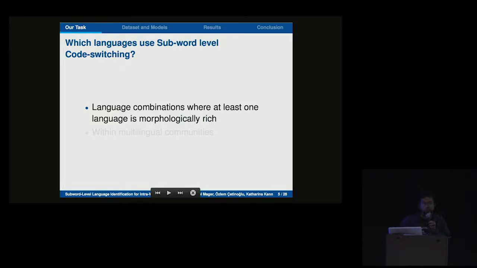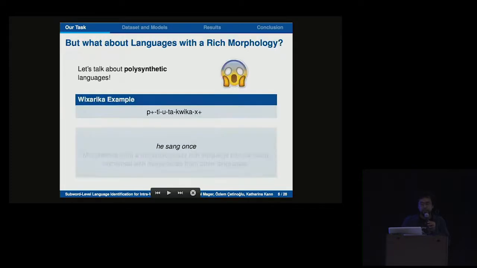We identified that in such kinds of languages, the amount of mixed words is much higher. In this case, we saw that language combinations where at least one language is morphologically rich have this kind of phenomenon, and of course, also in communities that speak more than one language.